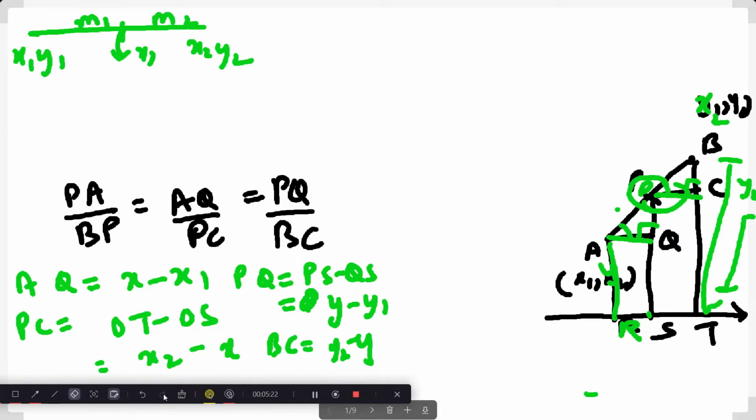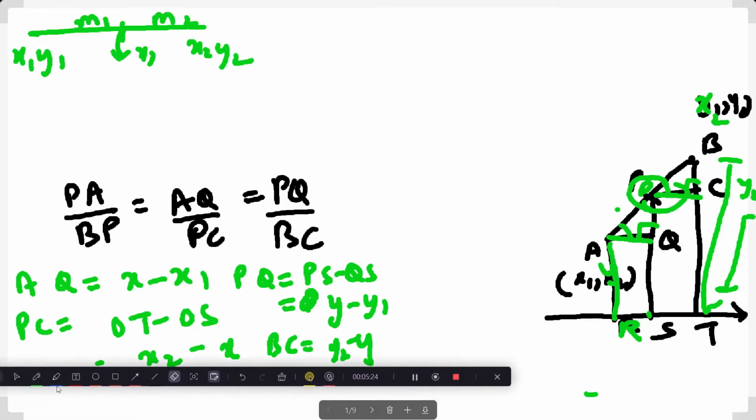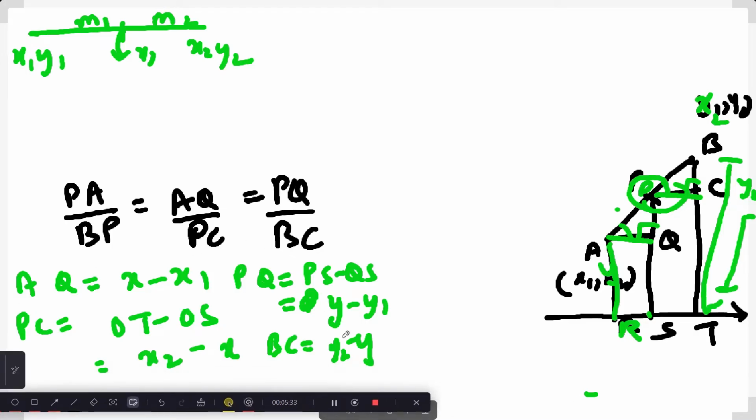Okay. Just a second. Let's take another color just for fun. So we know all this, right? I'll erase this. We know all this, right?